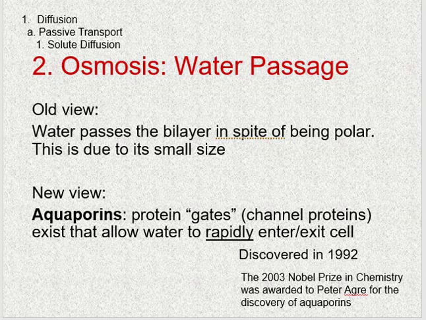Before scientists discovered that there was actually a protein that moved water across the membrane, they thought that despite water being polar, it must be able to move through the membrane because of its small size. But in 1992, Peter Agre and his team discovered aquaporins. Aquaporins are channel proteins that allow water to rapidly move in and out of the cell.